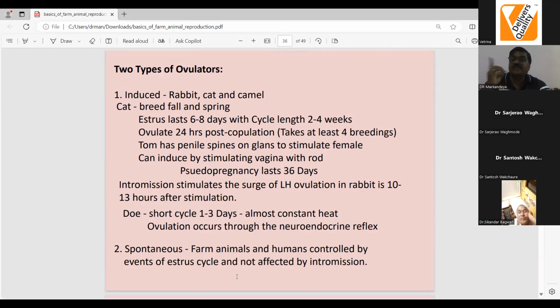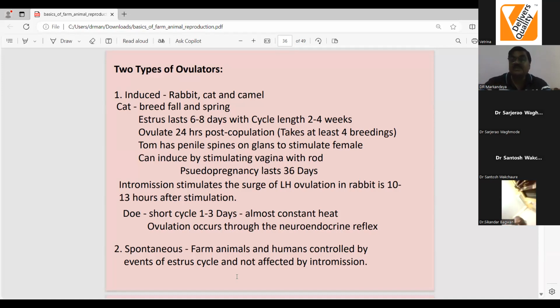Number one, behavioral signs of the estrus are expressed under the effect of LH. So it is a combined estrogen and LH relationship. In Maharashtra, we can say Yuti or Aghadi, an estrogen LH group will go for expression of the estrus.